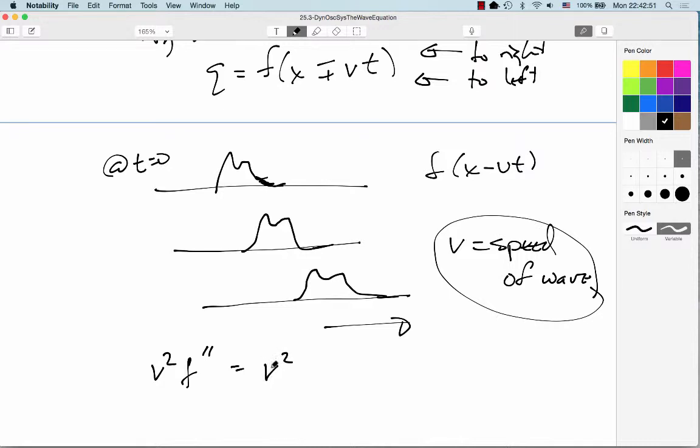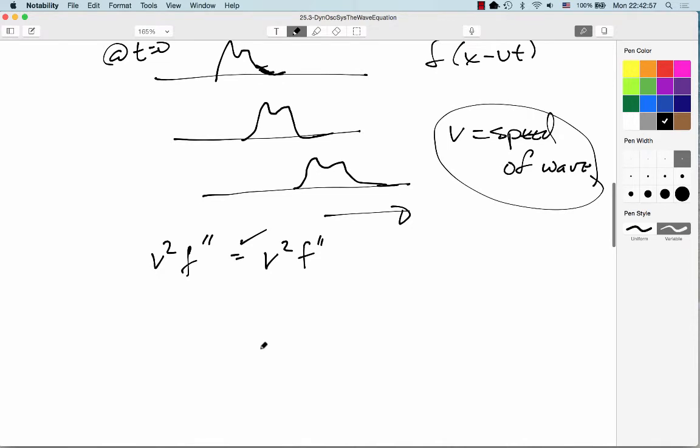So yes, that's v squared times f double prime. So yep, it checks. The moral of the story here is that any differentiable function of the form f of x minus or plus vt is a solution.